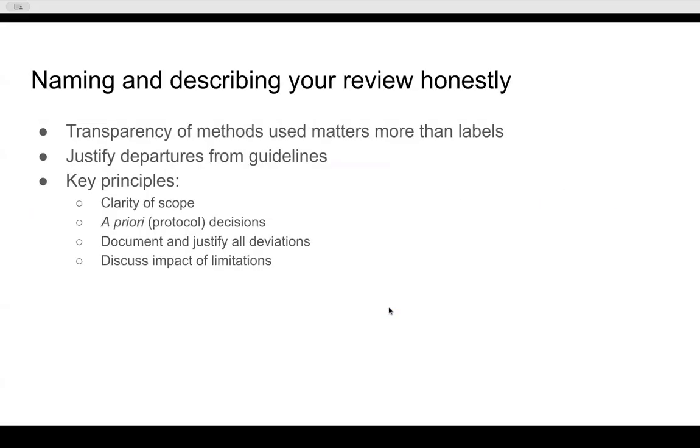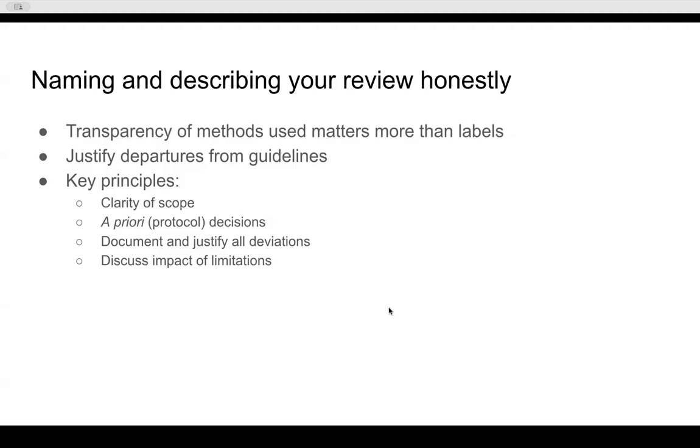But taking a brief pause to think about naming the review, I often get called the systematic review police because I do spend some time critiquing constructively methodologies used in systematic reviews. What is really important is it's not that you can't use the word systematic review, it's that it hides a lot of nuance.